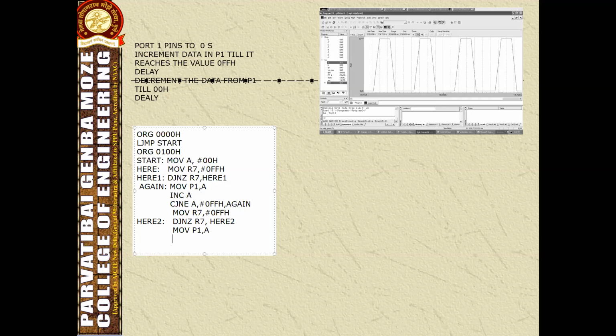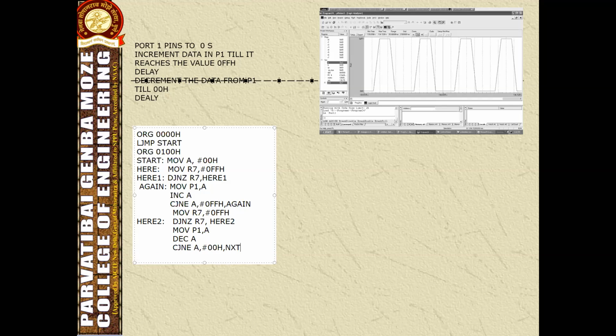Now P1 holds the highest value 0FFH. Then we should start decrementing accumulator A up to what? Compare and jump if not equal, A with the value 00H, up to NXT.